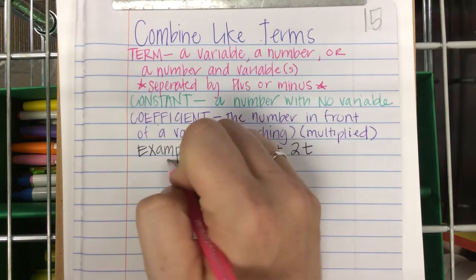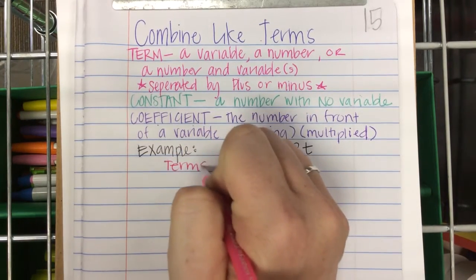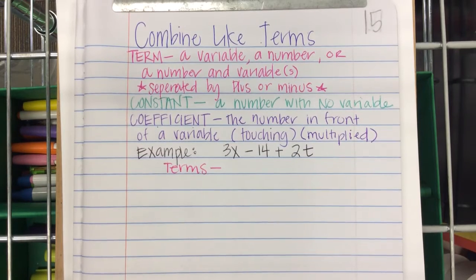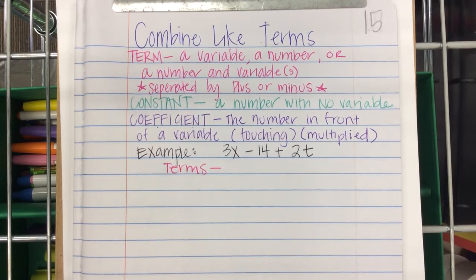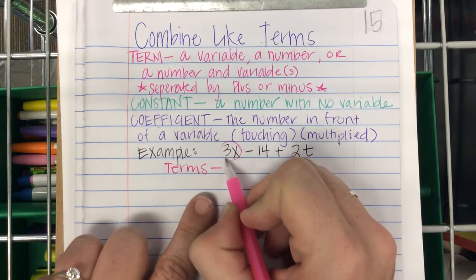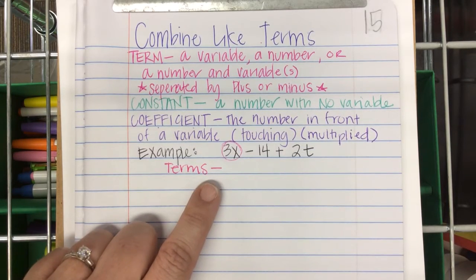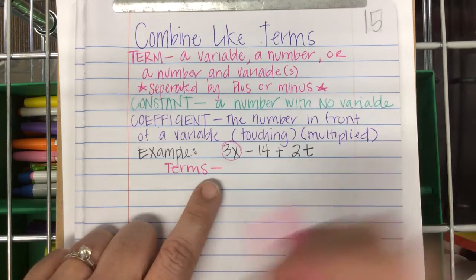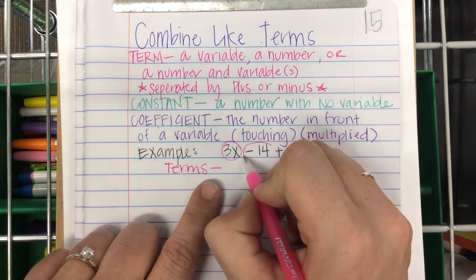All right, let's talk terms. In that problem, let's count how many terms there are. And remember, Cody, turn around. A term is a variable, it's a number, or it's a number and variables together. So if I look at this problem, here's one term. Here's the next term.